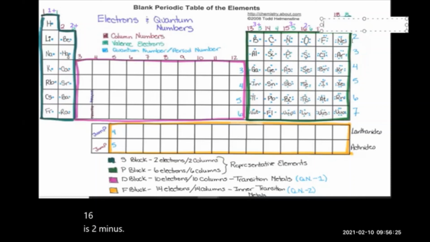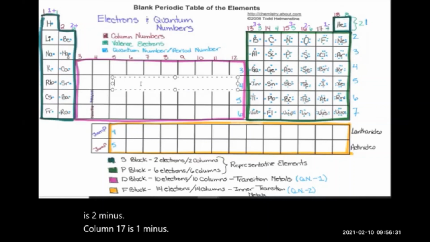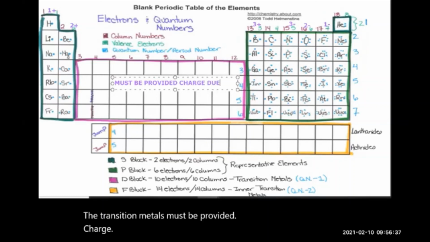Column 17 is 1 minus. The transition metals must be provided a charge due to multiple oxidation states.